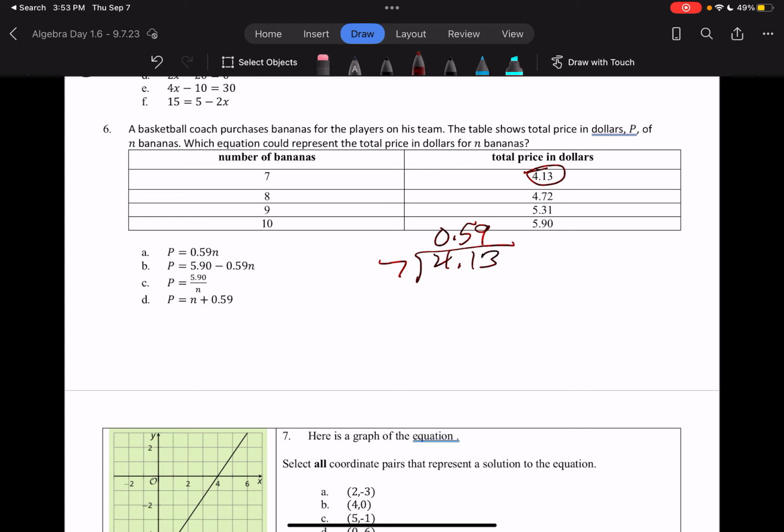That means each banana is 59 cents. And so to get how much it would cost for a number of bananas, we're going to multiply 59 times the number of bananas. So our best answer option here is A. And we can check: if we do 4.72 divided by 8 bananas, we also get 59 cents. If we do $5.31 divided by 9, we get 59 cents.